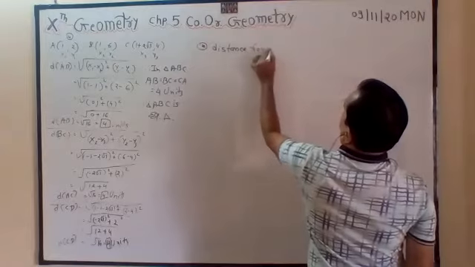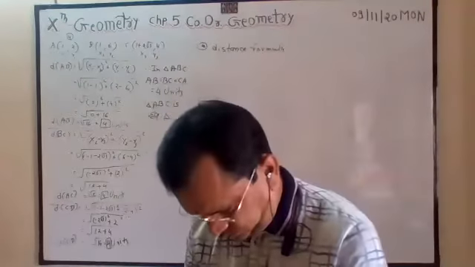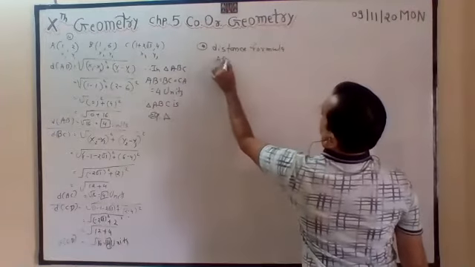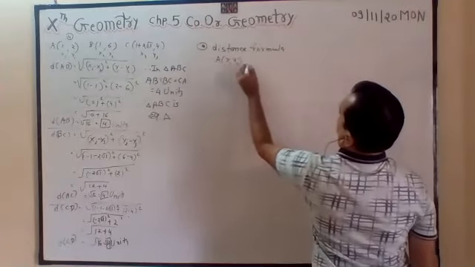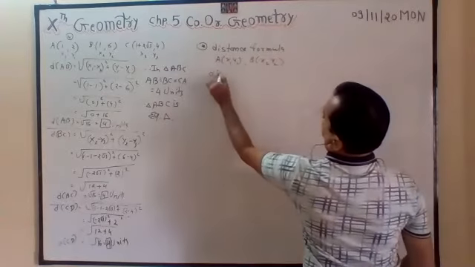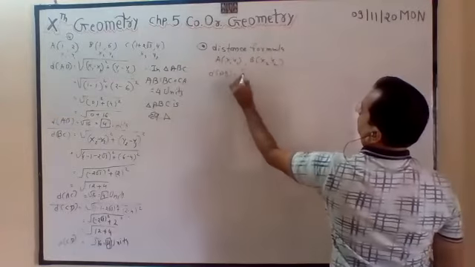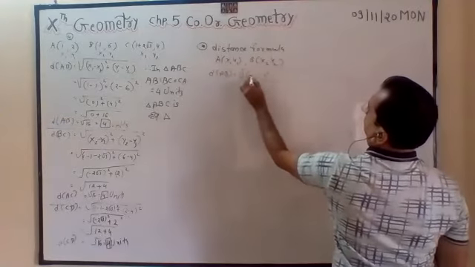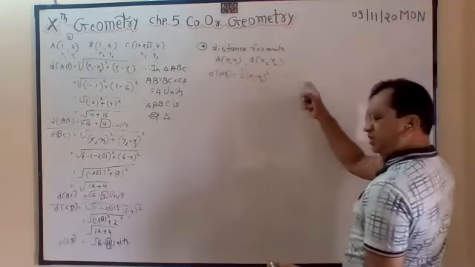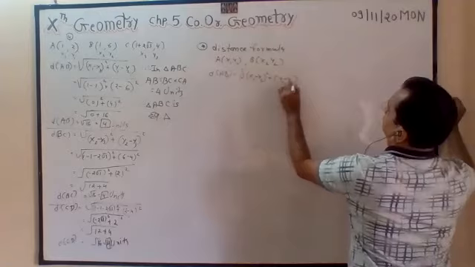Distance formula: A is given x1, y1. B is given x2, y2. So distance AB is equal to x1 minus x2. In the textbook it is given 2 minus 1. So here also 2 minus 1.